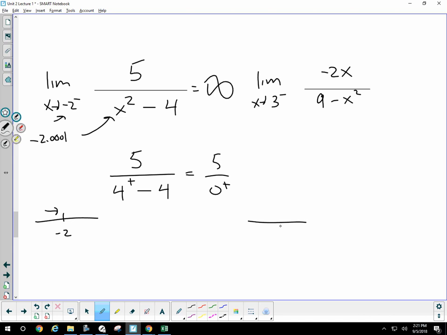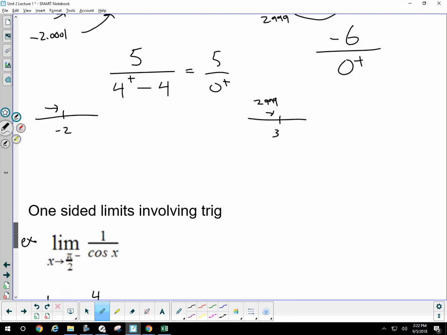This is 3 from the left. So 3 from the left, 2.999. If I took 2.999, plug it in here, I'd get something a little bit less than 9 after I square it. Subtract 9 from that. We have something a little bit bigger than 0, positive. But if I plug 3 into the numerator, multiplied by negative 2, that'll be a number close to negative 6. So all in, we're approaching negative infinity. Okay? Behavior around asymptotes.